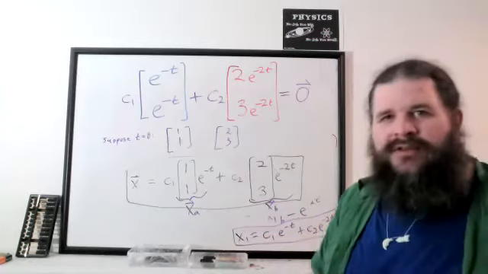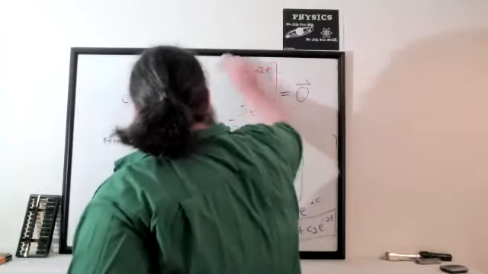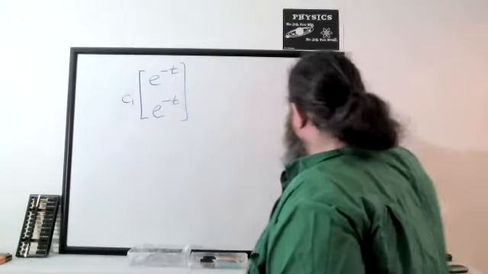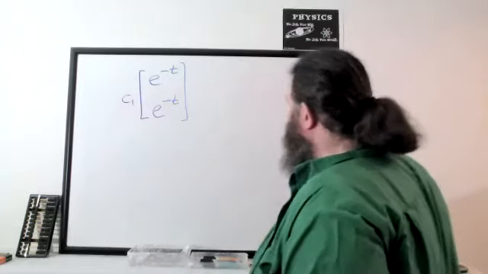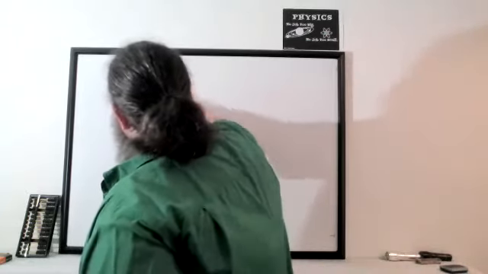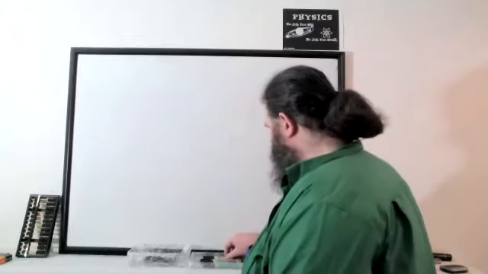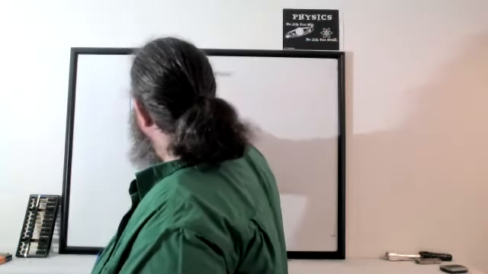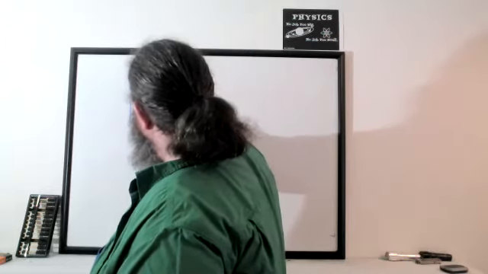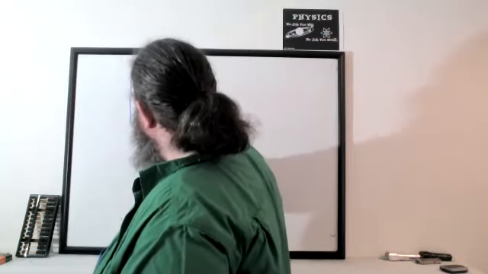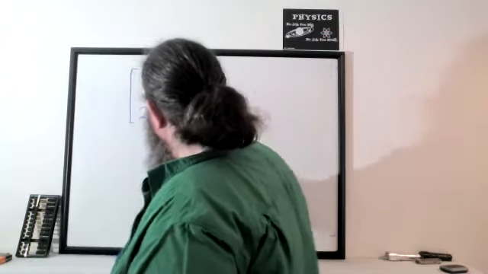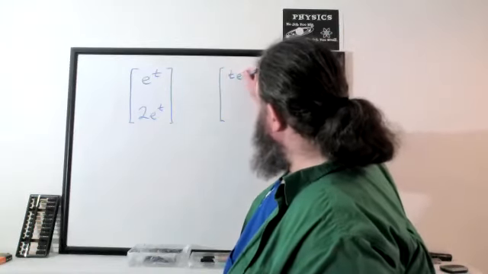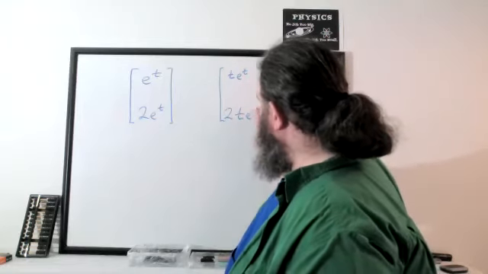And let me look up one other example that I think might highlight the difference there. Let's say we have the vector functions e to the t, 2e to the t, and let's say t e to the t, 2t e to the t.